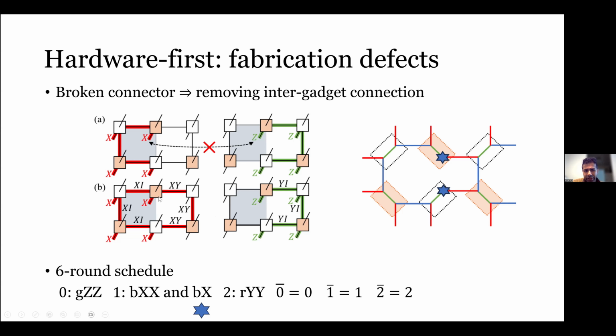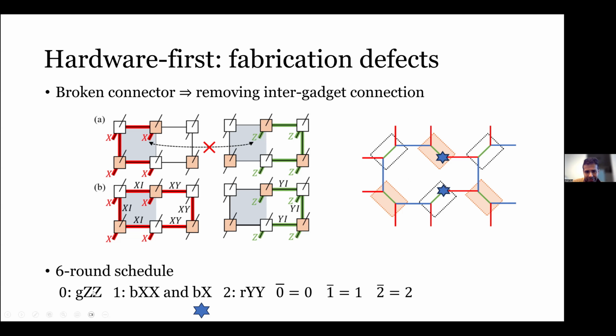Now you write the stabilizer tableau corresponding to this map, you use that stabilizer tableau to write the ZX diagram, and you then join these ZX diagrams together for the neighboring gadgets in this form and come up with a circuit schedule with pairwise measurements.